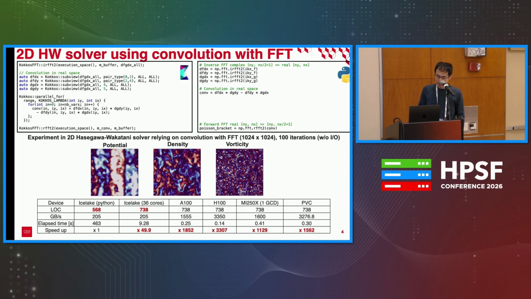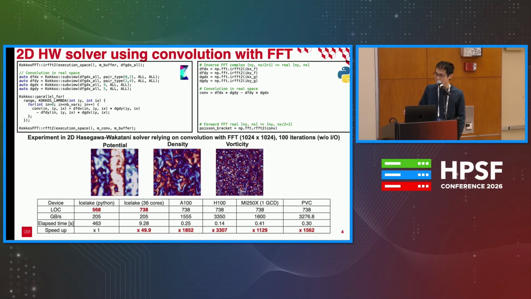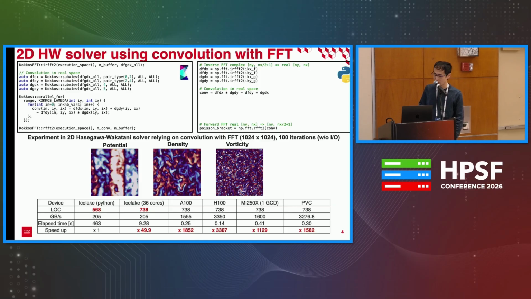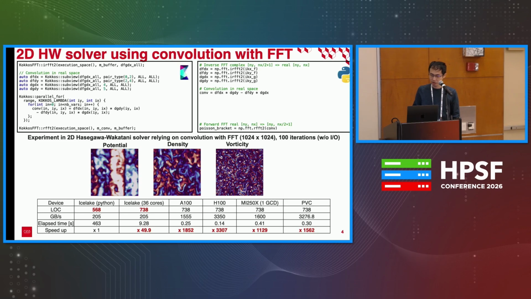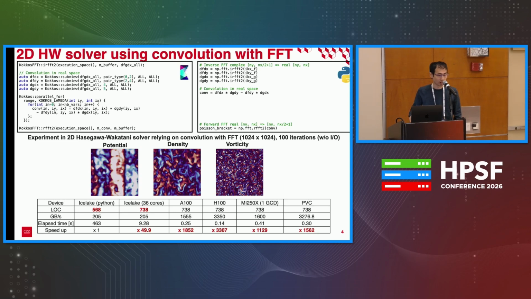And the performance gain is enormous because you can benefit from GPUs with a single code base. If you would like to do that without Kokkos-FFT, it can be much longer, and you need to use macros to switch between the different backends, which is not what we want.